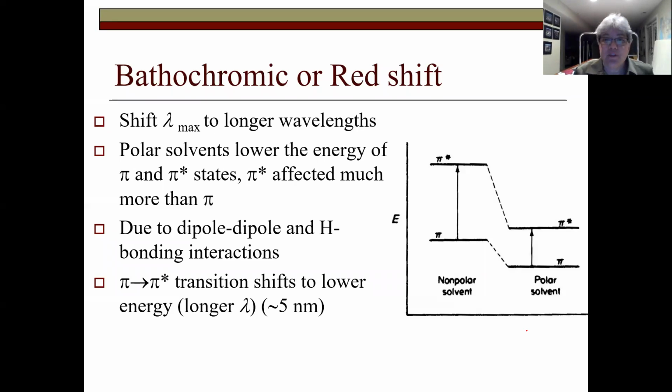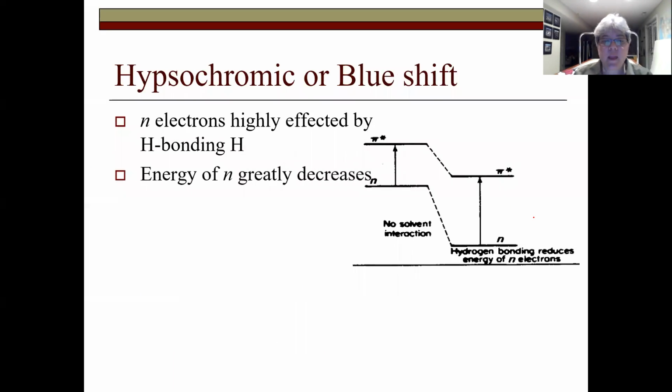Now, what about the other transition, the n to pi star? Well, that's also going to be affected because it's that same pi star energy that's going to drop, but it turns out that the n electrons, the n orbital, is affected even more by the polar solvent.